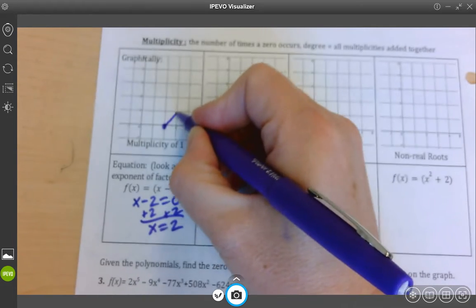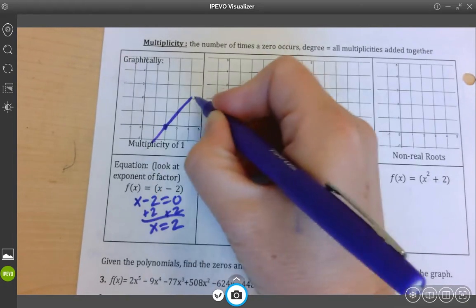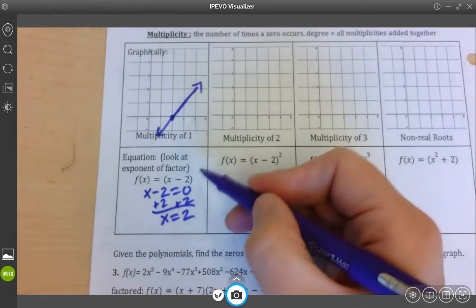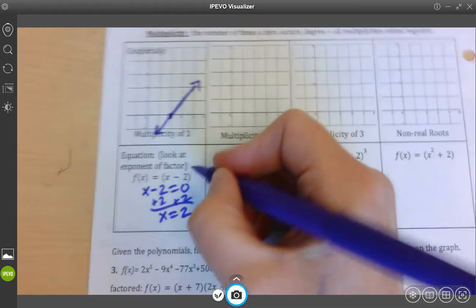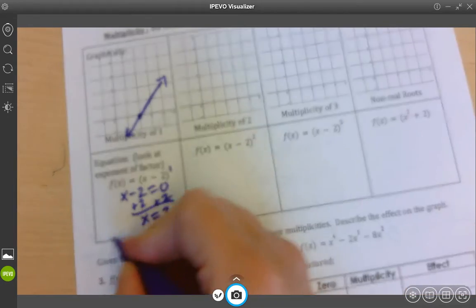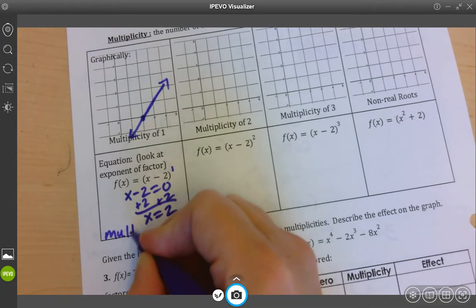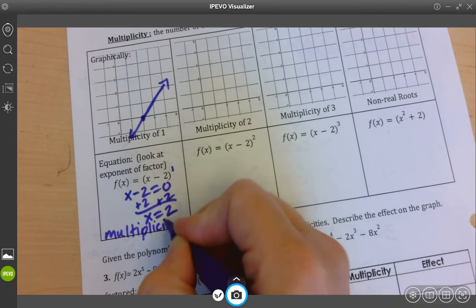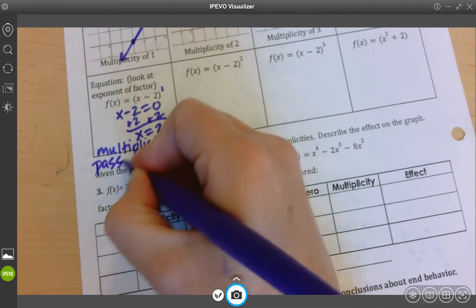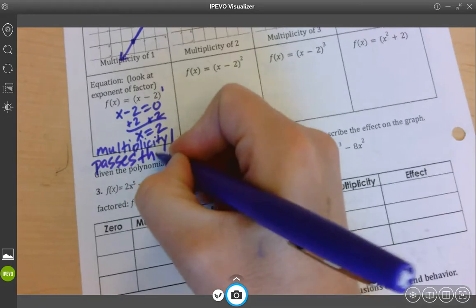But it's just going to pass straight through like that. All right, so when your multiplicity of the factor is 1, multiplicity 1, it passes through the x-axis.